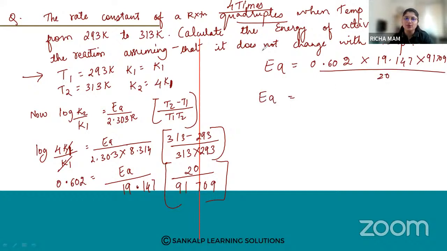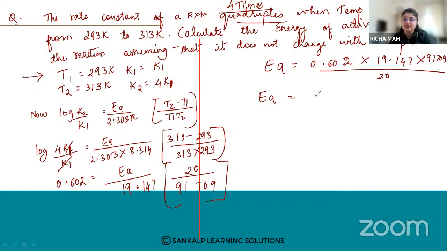So what is the EA value you're getting? Just see, do like this. Simply, why get complicated? So 0.602 into 19.147 into 91,709 divided by 20.